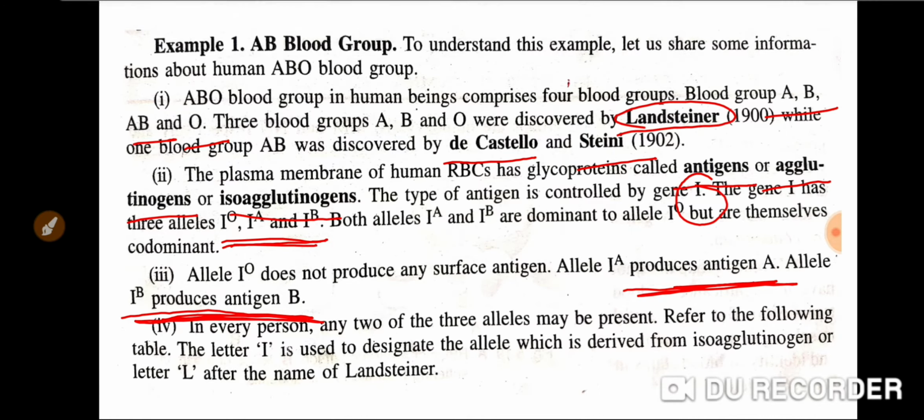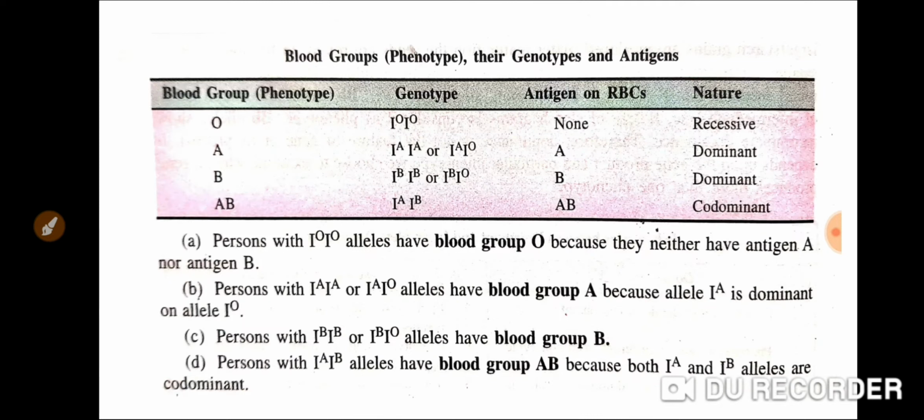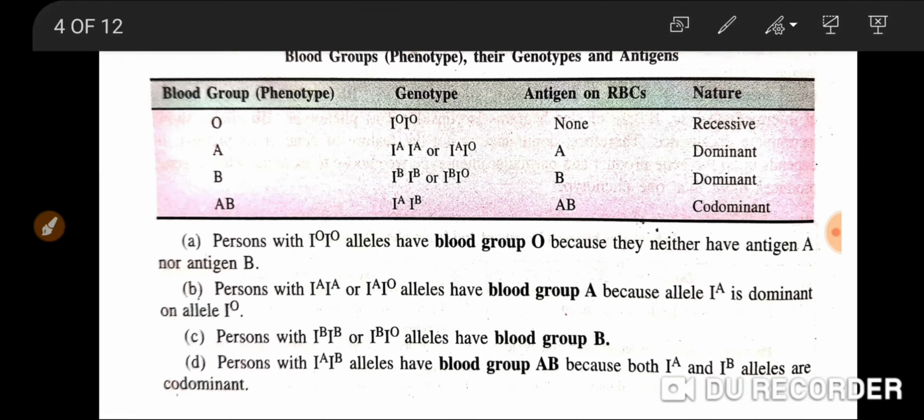Now let's try to see the table about this ABO blood group. As you can see here, the individual having the genotype IOIO, that means both the recessive alleles are present in an individual.